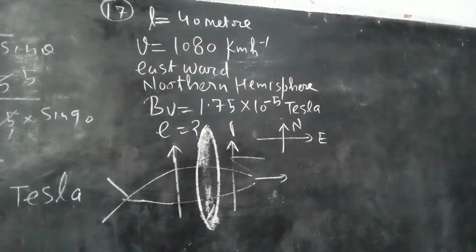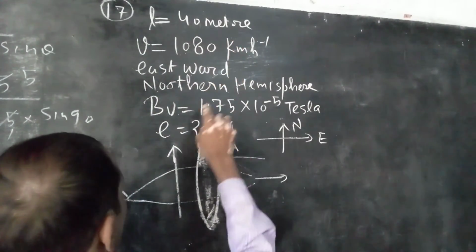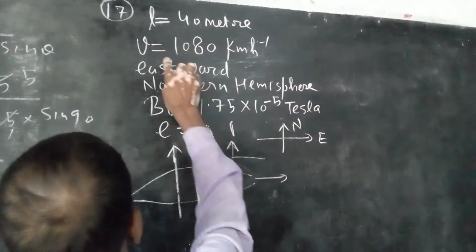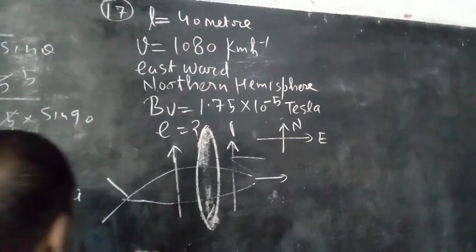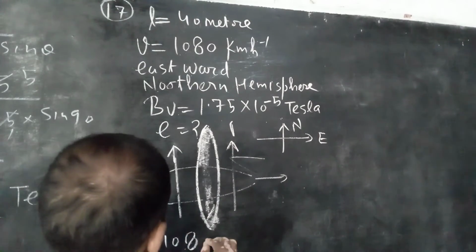So the induced electromotive force is given by a formula in which L and V are in SI units, so we change the speed into the SI system. V is equal to 1080 km per hour.